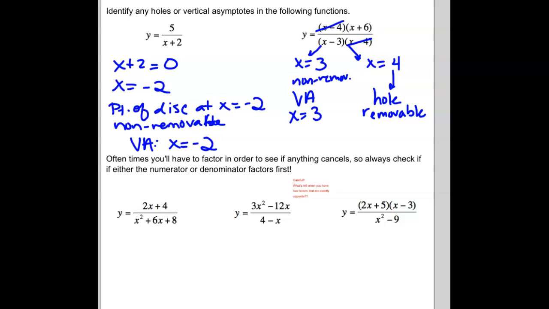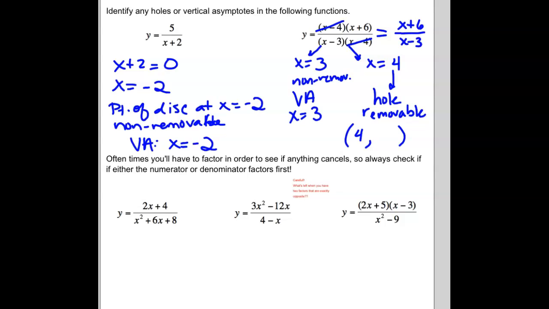Okay? Now, in order to actually figure out the location of the hole, we know the x-coordinate is supposed to be a 4, but we don't know what the y-coordinate is, and that is going to come in handy to be able to find that. So what we do is we look at the simplified version of this. If we cancel out the x minus 4s, we have an x plus 6 divided by an x minus 3.